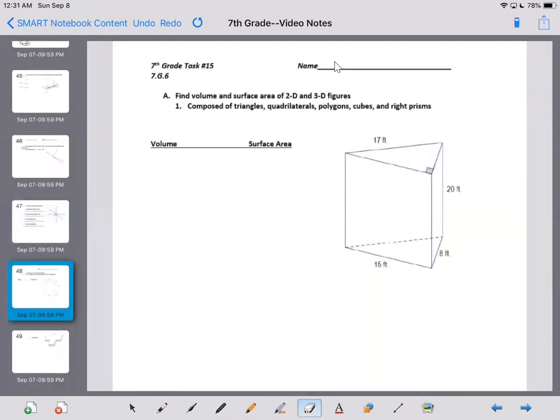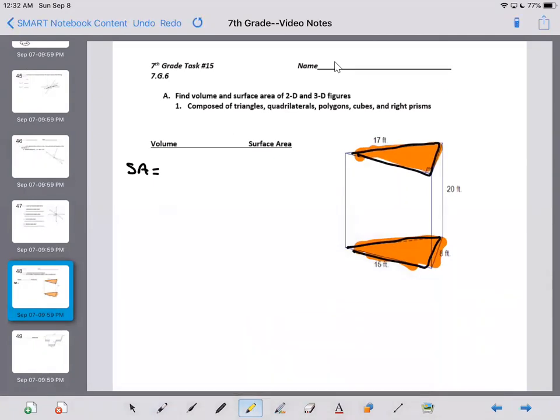And then finally, the last two I want to look at is finding the volume and surface area of some different shapes. So surface area, I'll start with surface area, and you're just trying to figure out, well, let's find the area here, and let's find the area. If we find the area of one, we can double it to find both of those. And so we're looking for these two.